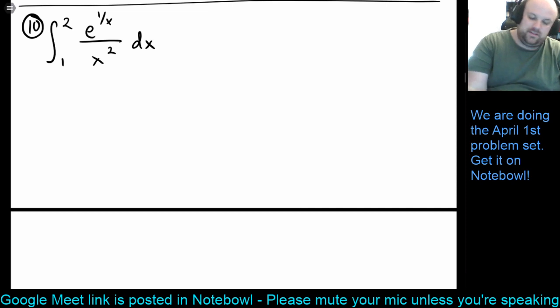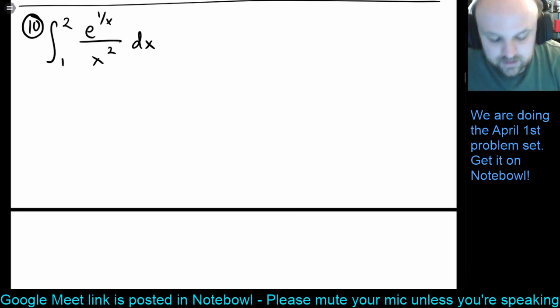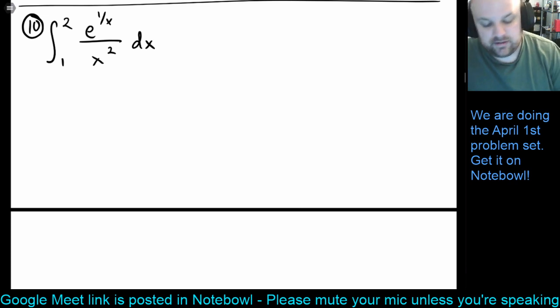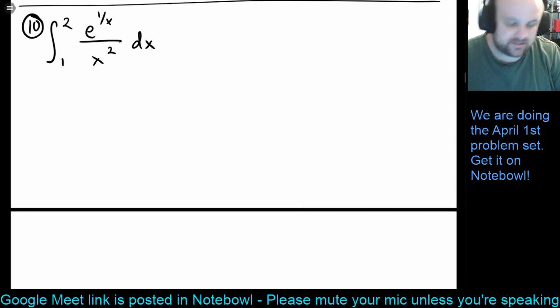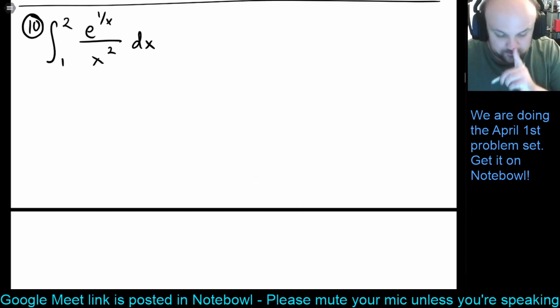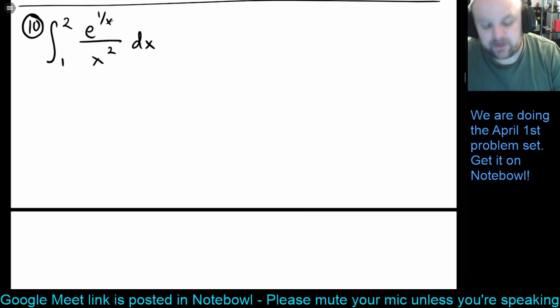So let's go ahead and work through this one and see how it went. Here, we have two parts that seem decent candidates. We have the x squared on the bottom, but at the end of the day, the biggest thing we want to look for when making substitutions is something that looks like a composition. That would be the top here. So e to the 1 over x is the composition part.